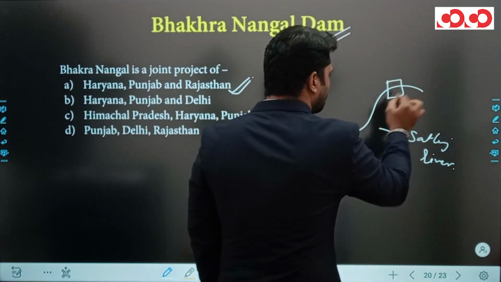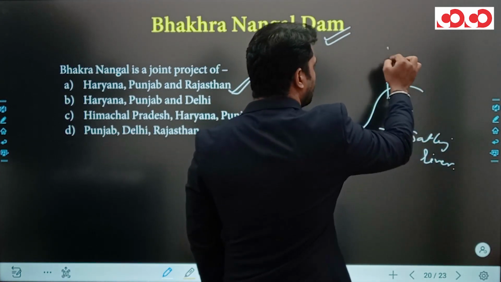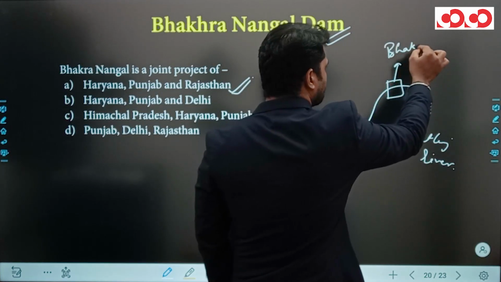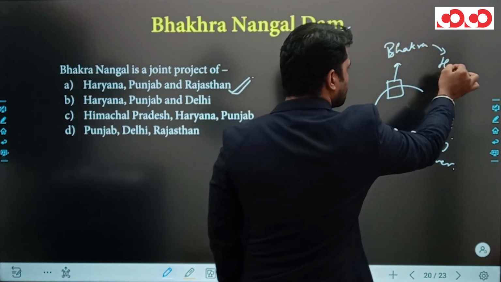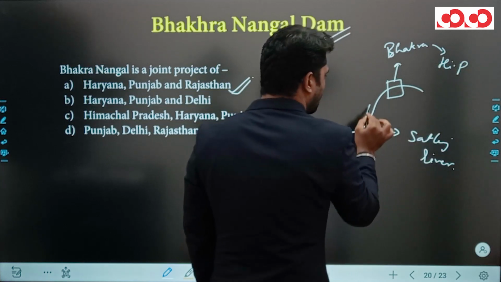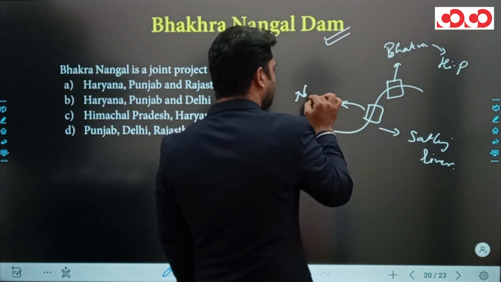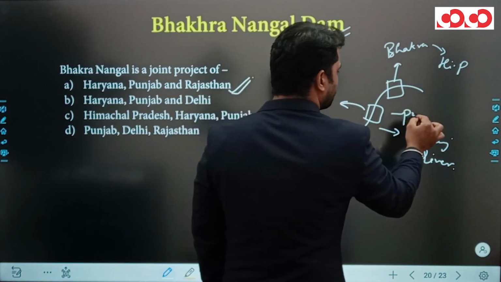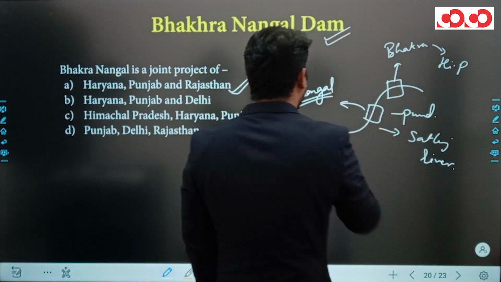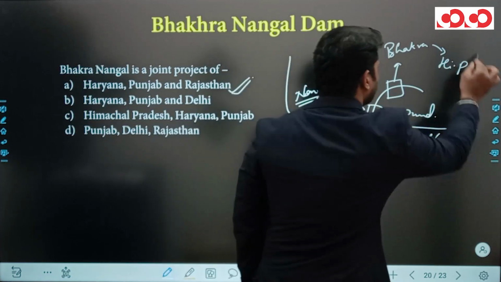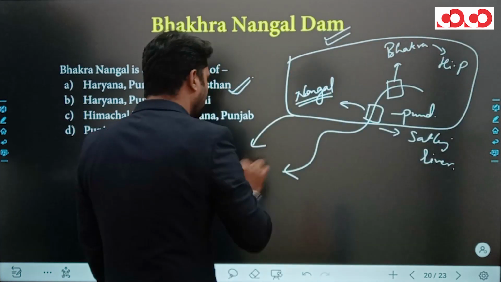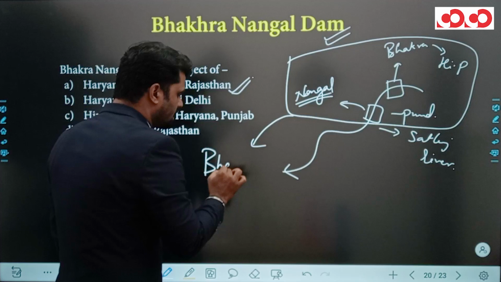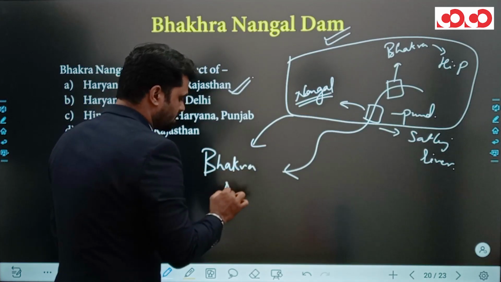A dam has been constructed in the Bhakra region of Himachal Pradesh and a dam in Nangal in Punjab, and together they are known as the Bhakra Nangal Dam or project.